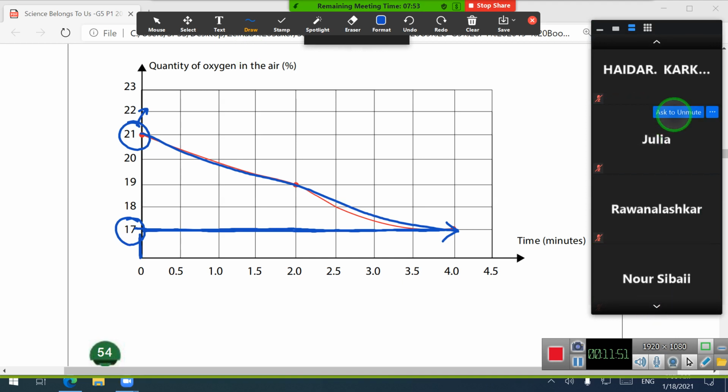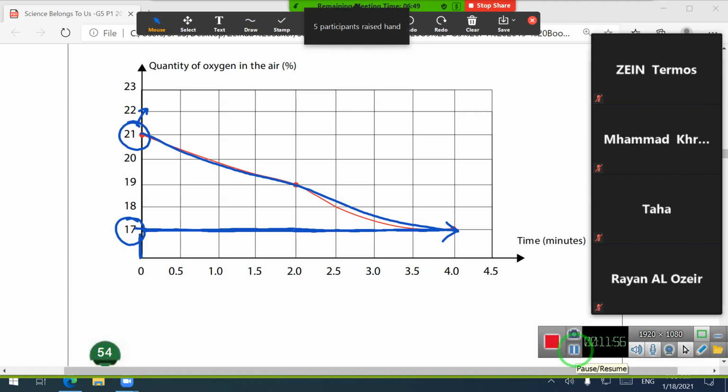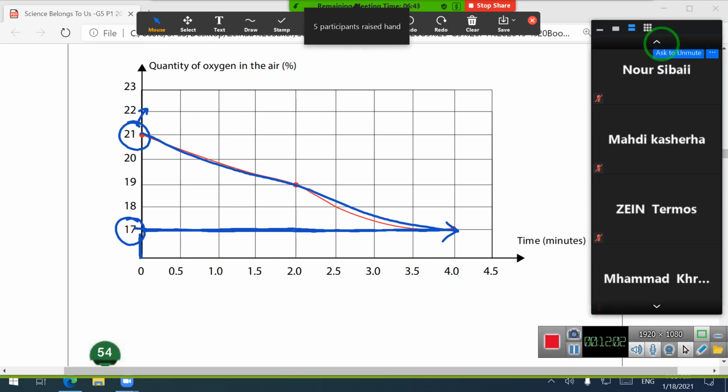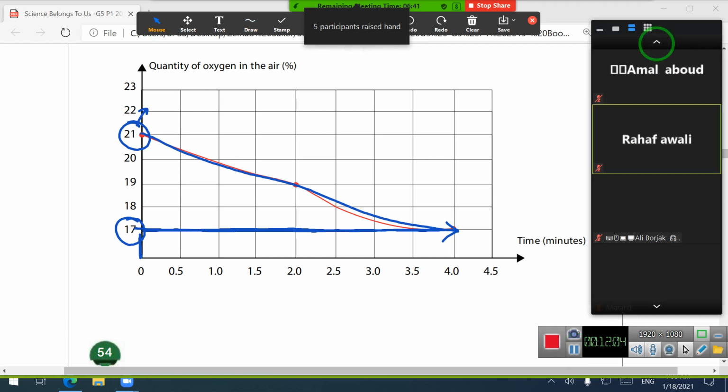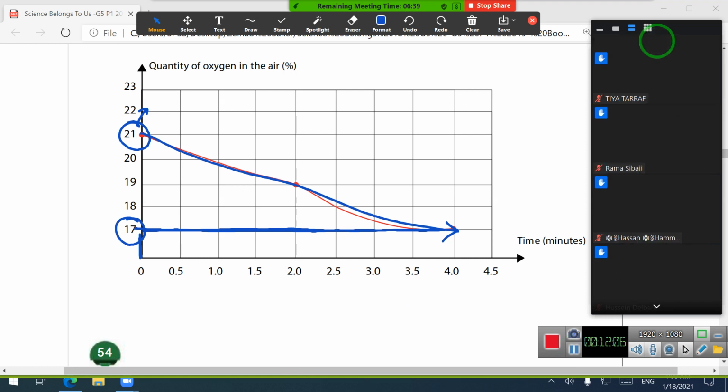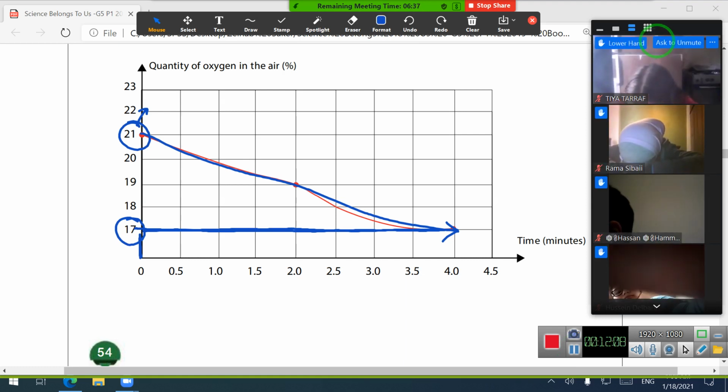Why, Julia, does it decrease? Because, as we said before, the endive plant is a kind of living thing that can breathe or respire by absorbing oxygen. This is all about this graph for today. Thank you.